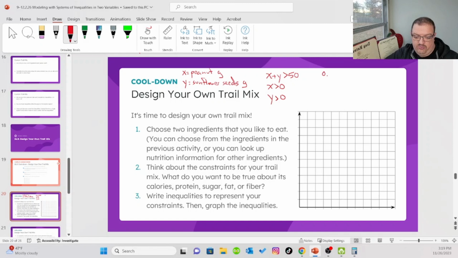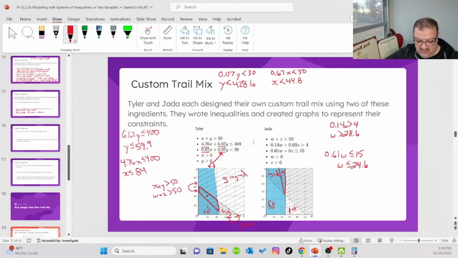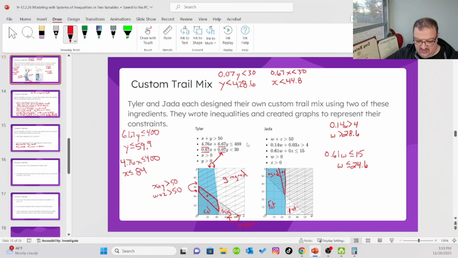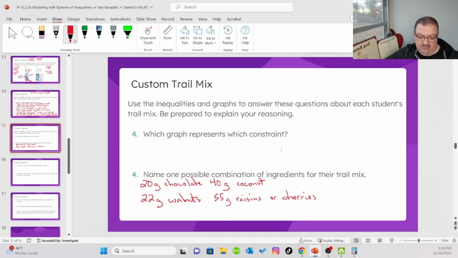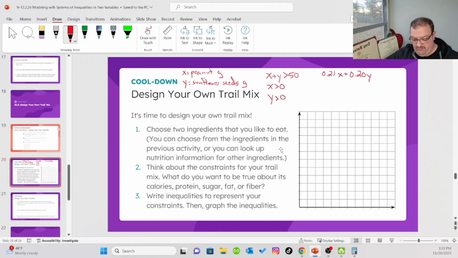And so 0.21x plus 0.20y. So they said they wanted more than 4 grams of protein. I'm going to say I want more than 5 grams of protein.